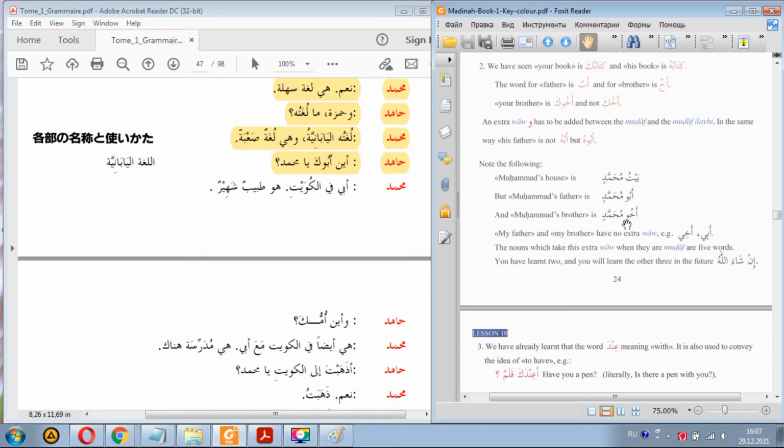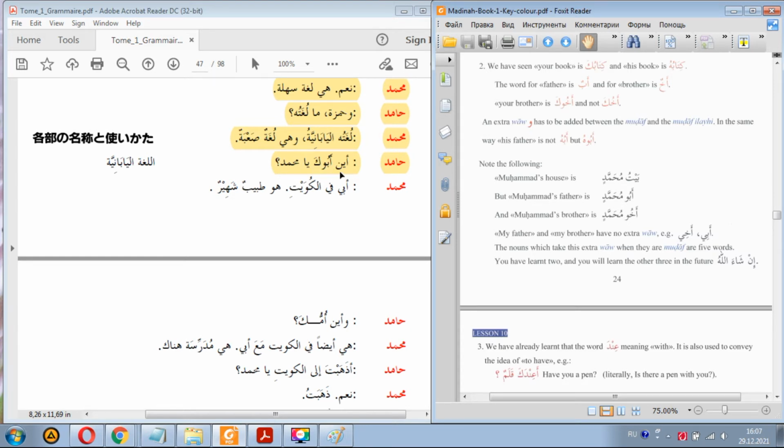For example, baytu Muhammadin is mudaf and mudaf ilayh. But if you put abu instead of bayt, it's put in the position of mudaf, and this waw gets back. Abu Muhammadin. You can't say just Abu Muhammadin; you have to add this waw, Abu Muhammadin. Just like here, Aina abuka ya Muhammad.